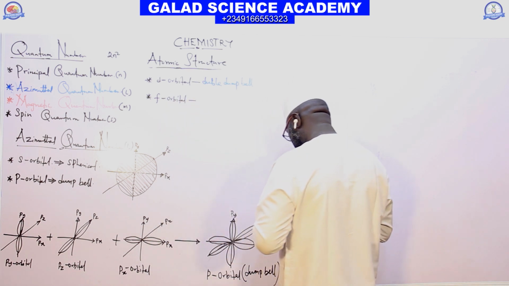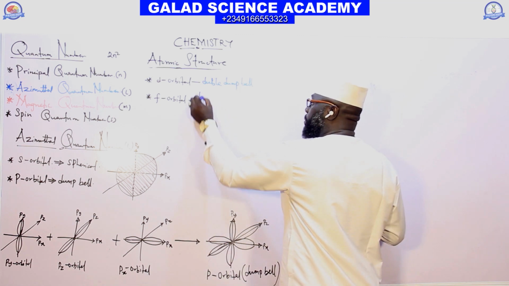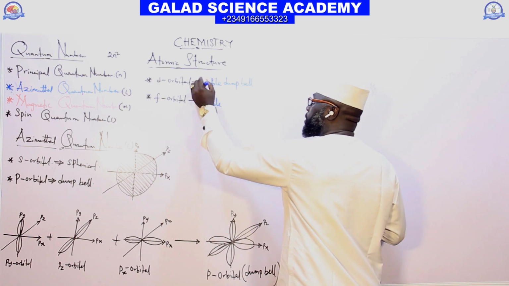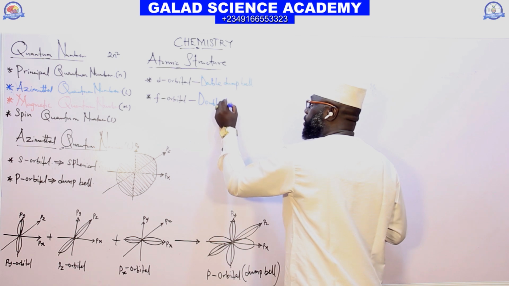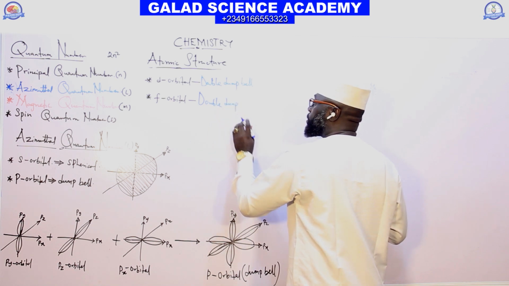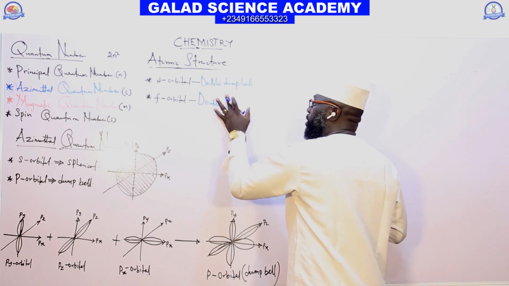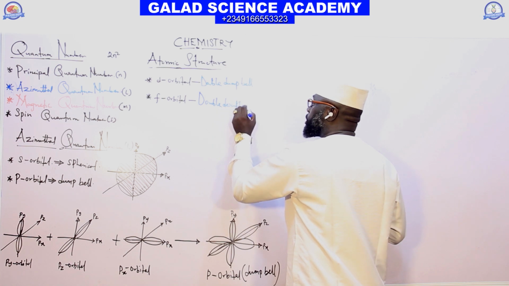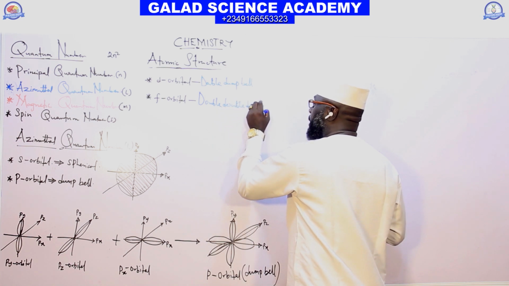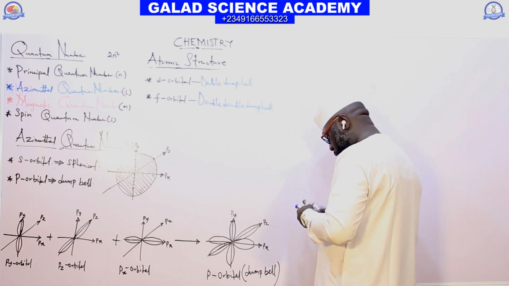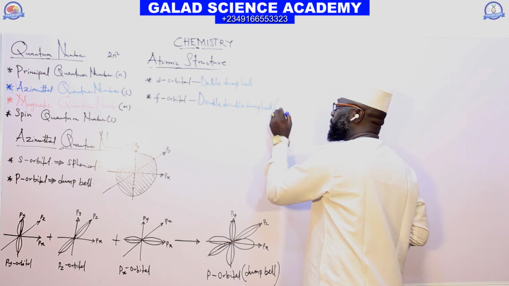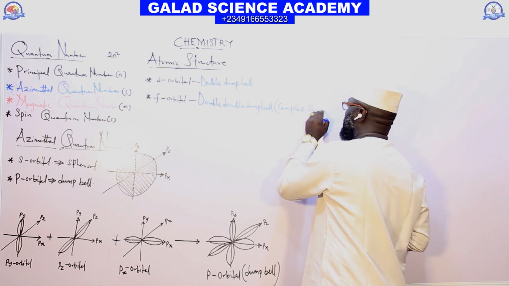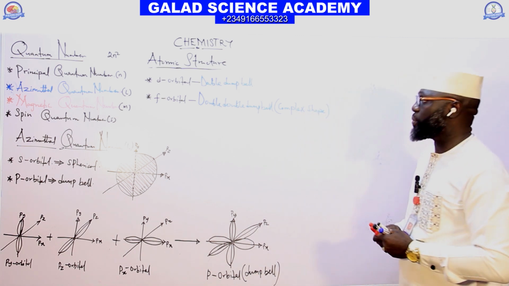double dumbbell, or you can also call it complex shape, or rosette shape.